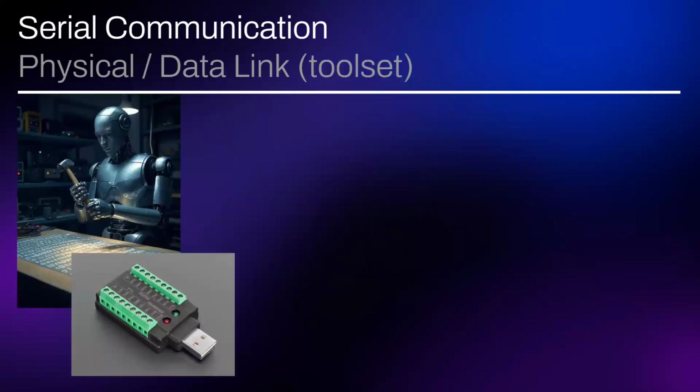All right. Let's talk a little bit about what kind of tools you can use at this layer, the physical layer and the data link layer. So the first thing we want to talk about is hardware UART. UART stands for Universal Asynchronous Receiver Transmitter.